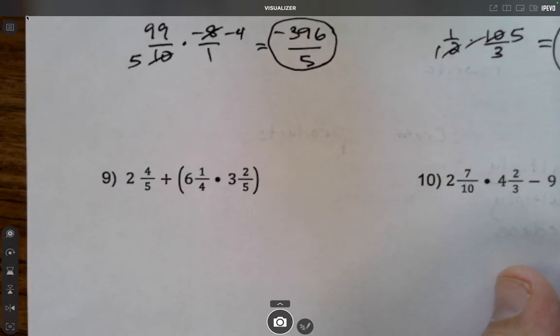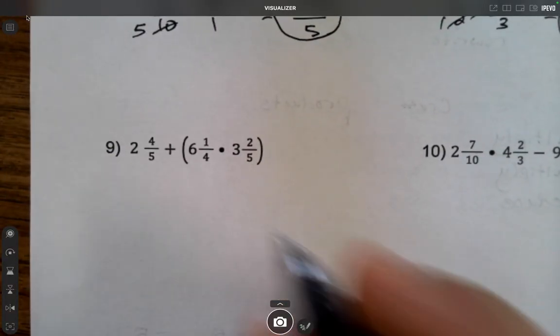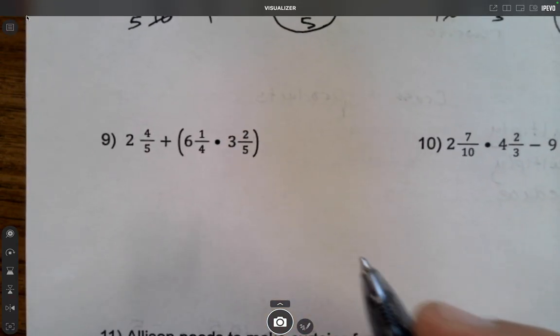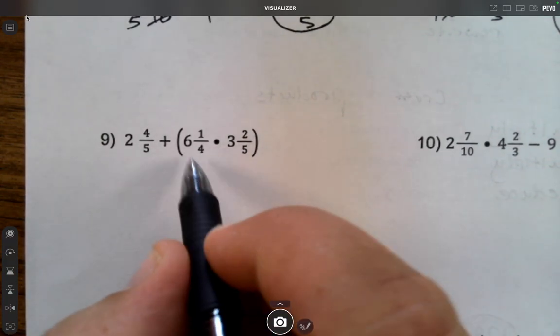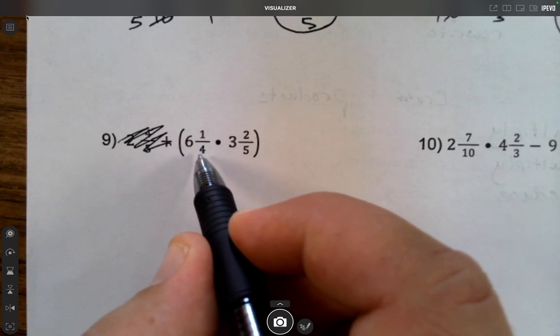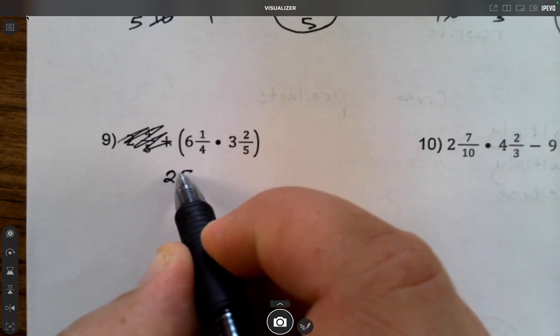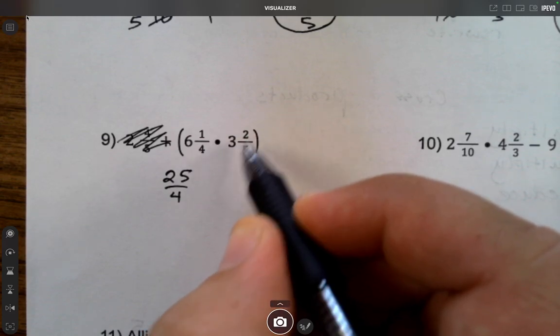Okay, as much fun as all this is down on 9 and 10, I'll do the multiplication because it's good practice, but I'm not going to worry about addition because we've got whole other lessons where we worried about that. I was just being very ambitious here. But we'll do just the multiplication part, so we'll ignore this for now. 6 times 4 is 24, plus 1 is 25. 3 times 5 is 15, plus 2 is 17.